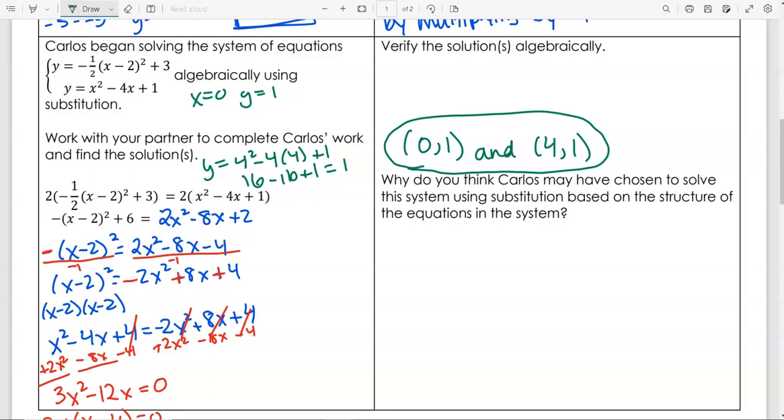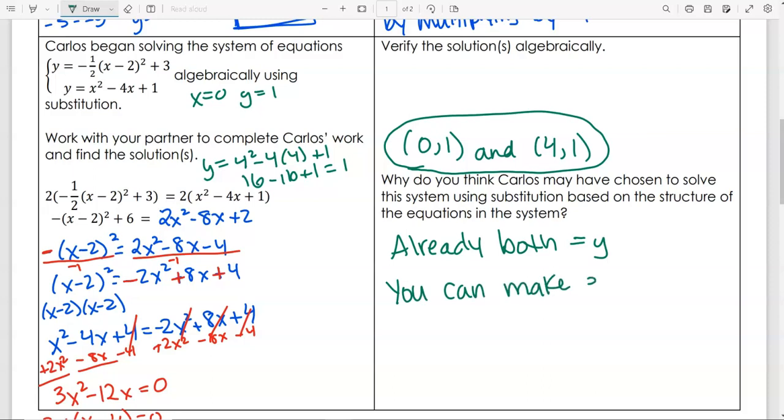So the structure of them, since they're both equal to y, you can make the equations equal to each other.